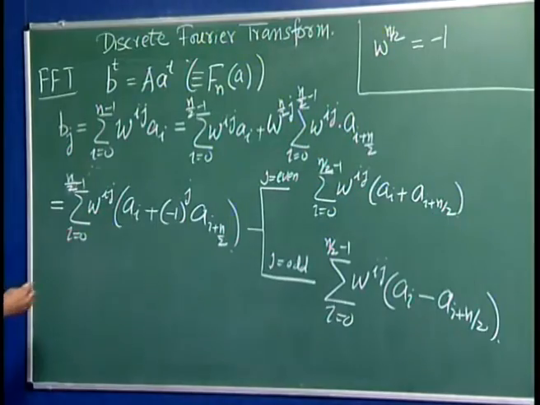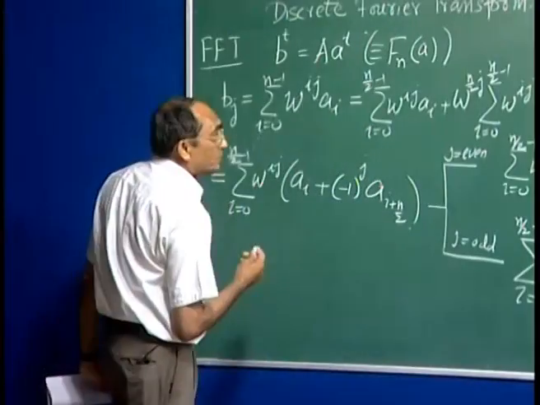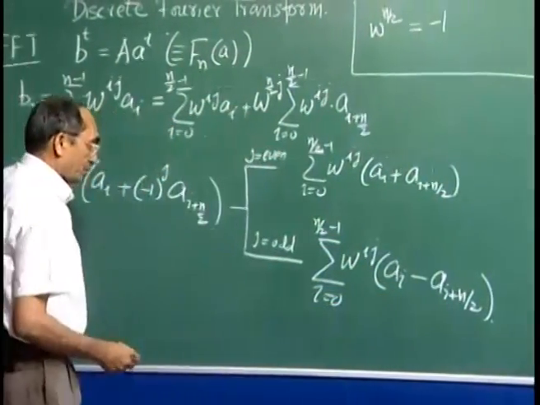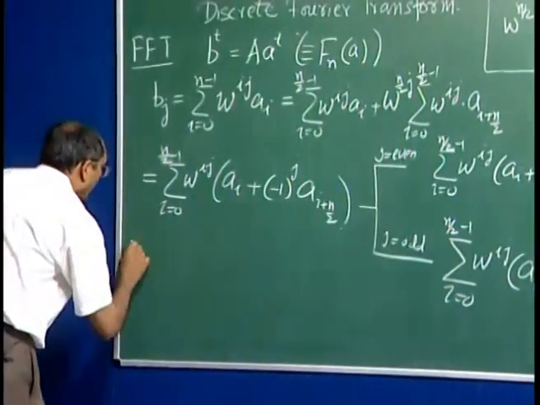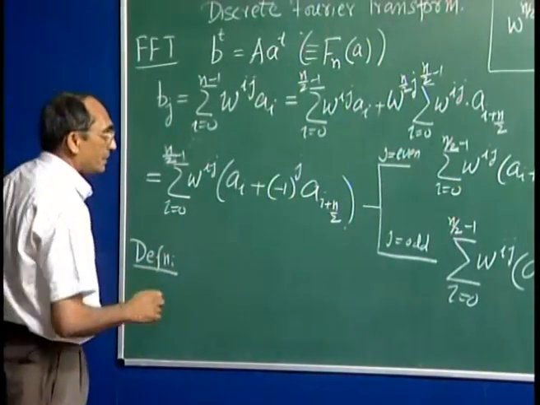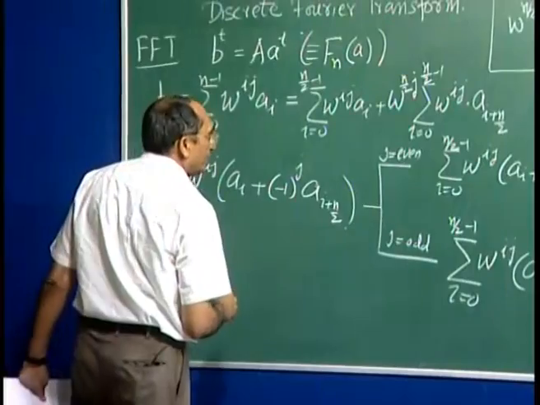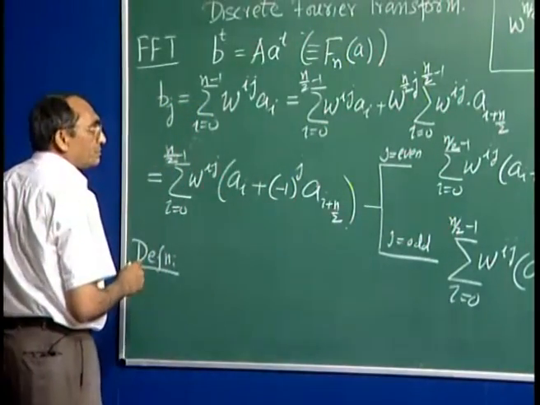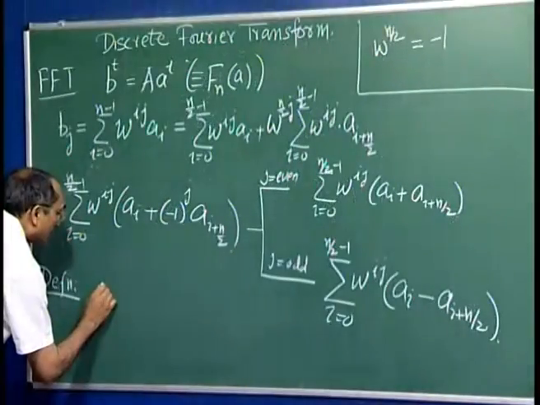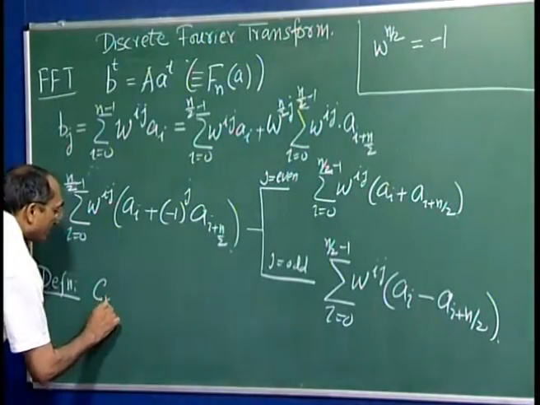Hence, let me now define 2 vectors C and D as follows. For the sake of even j, let us define C k.